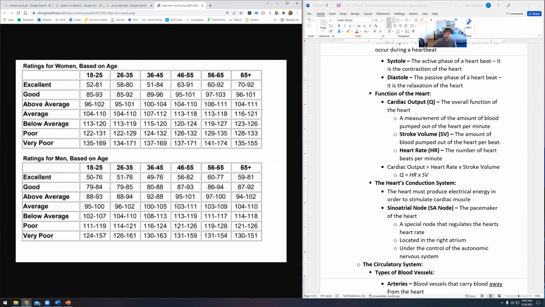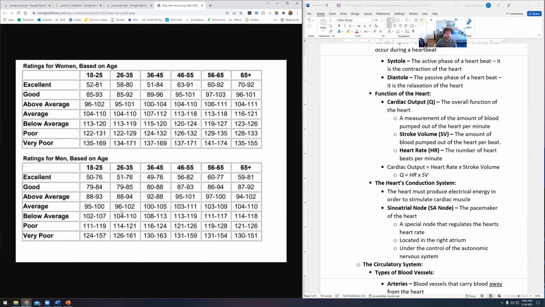So my trainer works with me. I do some cardio, and 6 weeks later we retest. I do the same number of steps. I do the same length of time. I sit on the step, and my heart, again, is traveling fast. And then it starts to kind of slow down, right? And then eventually my heart rate's all the way down to, let's say, 100 beats per minute, right?